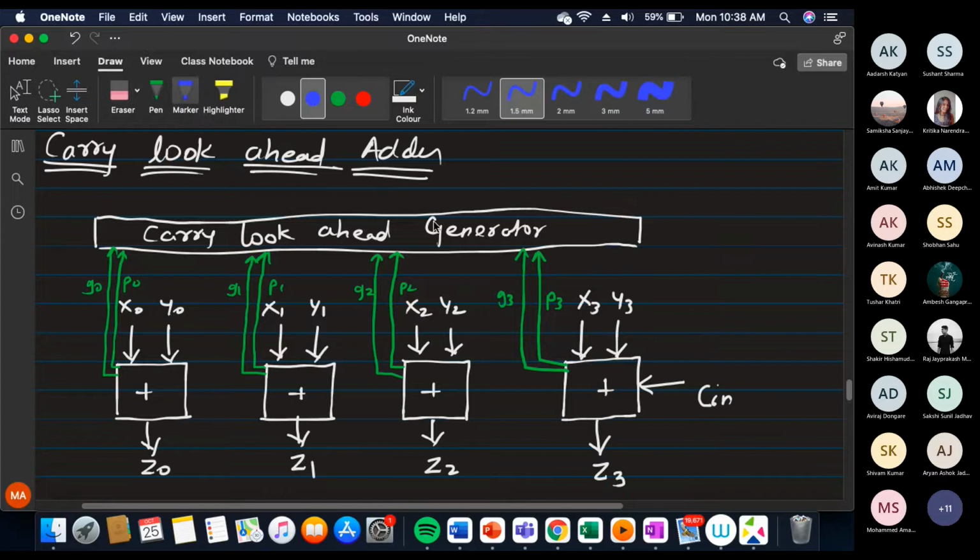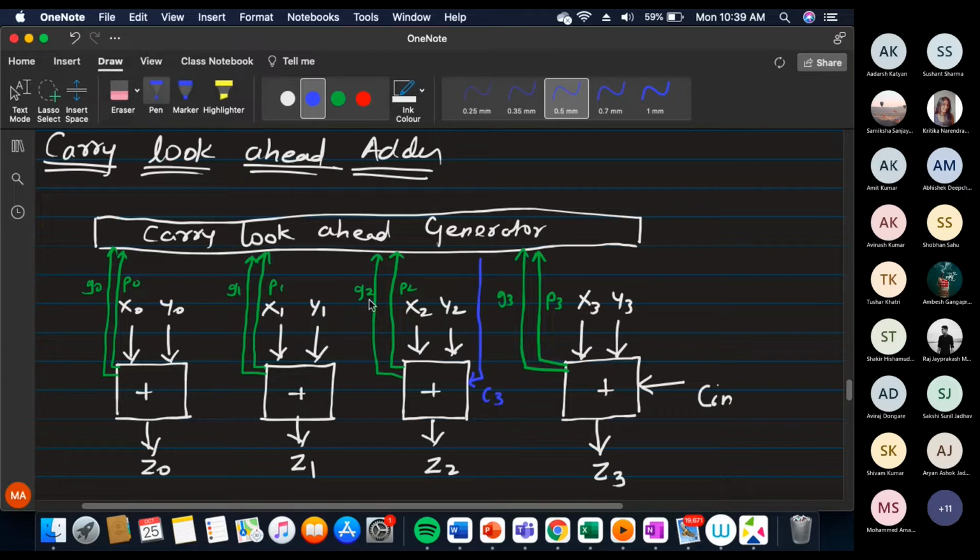And what will the carry look ahead generator do directly? Using G3, P3 and C in, it will generate a carry which is C3.